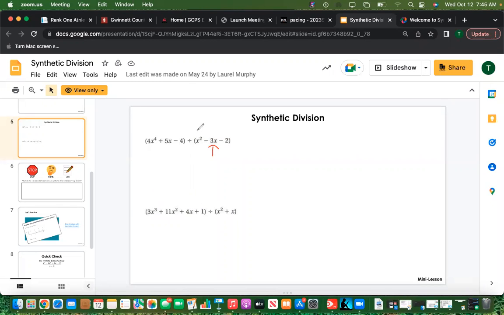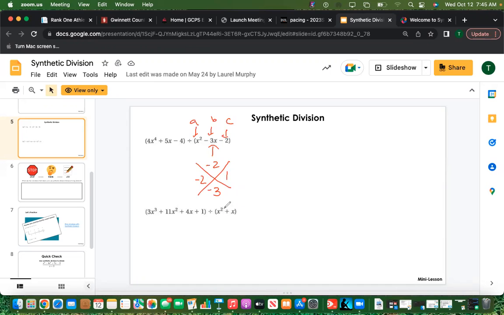Remember, when we factor, we're going to identify our A, our B, and our C terms. And we're going to say A times C, which is going to give us -2. And our B is -3. So what two things can I multiply together to get me -2, but add together to get me -3? It's going to be -2. Nope, that's not going to work, right?